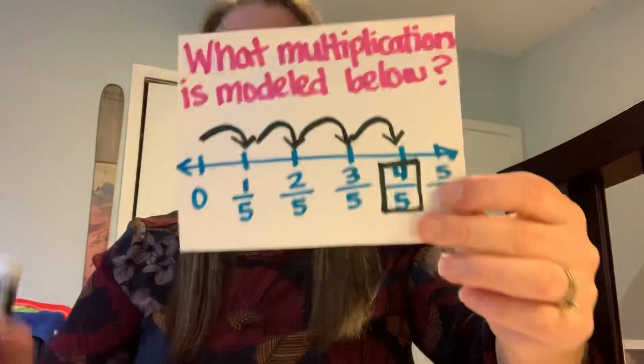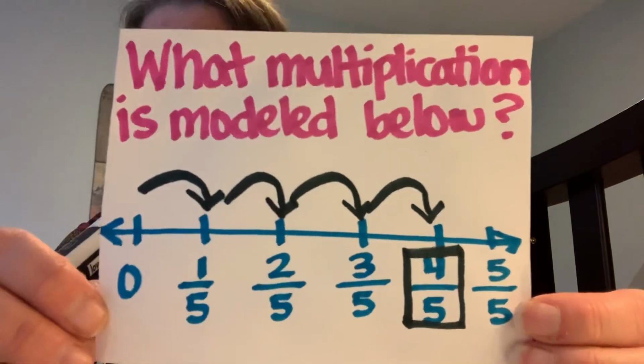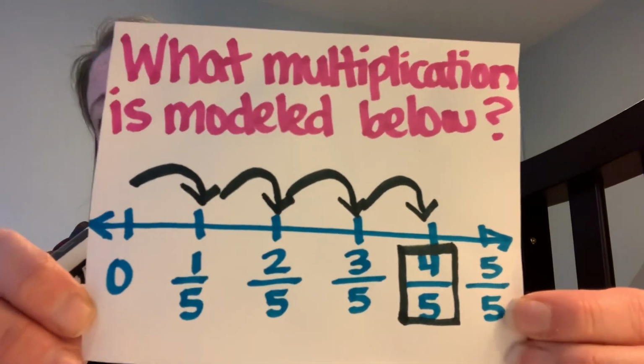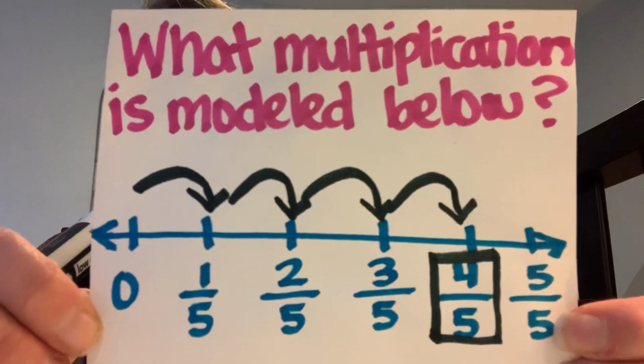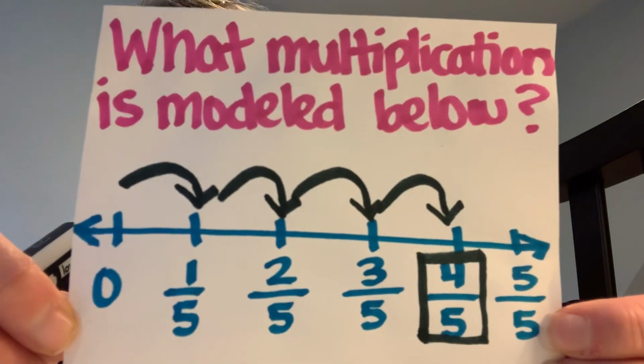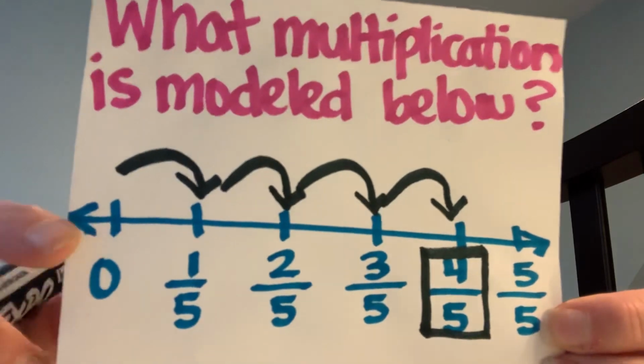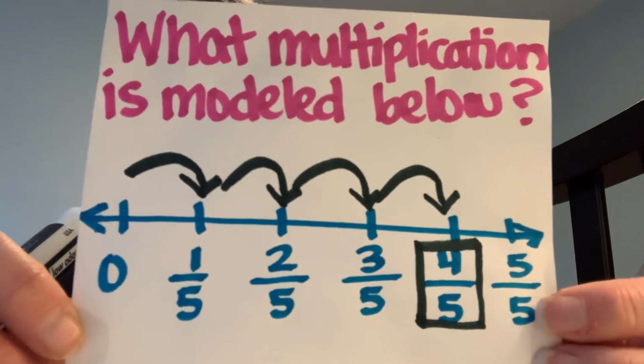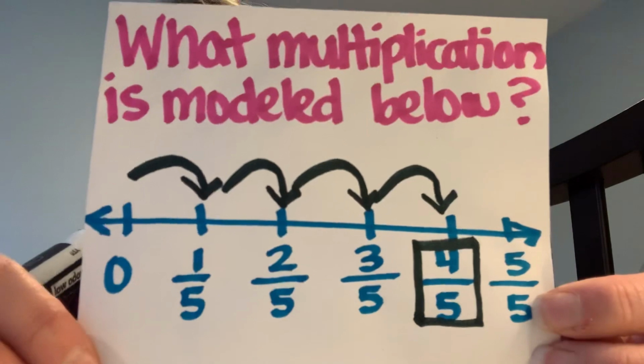Okay, now you might be shown a number line, and looking at the number line, you'll have to decide, well, what was the multiplication equation? So let's look at this problem that was already done for us and see if we can figure out what the multiplication problem was. So first I'm going to pay attention to my number line and look at how many parts it was broken into, and my denominator tells me that.